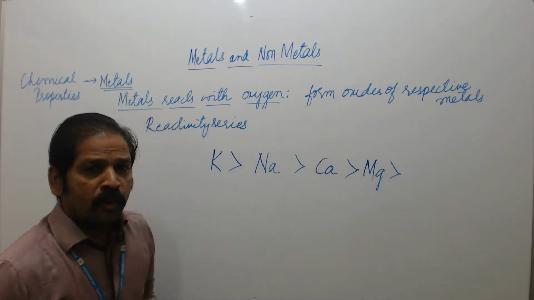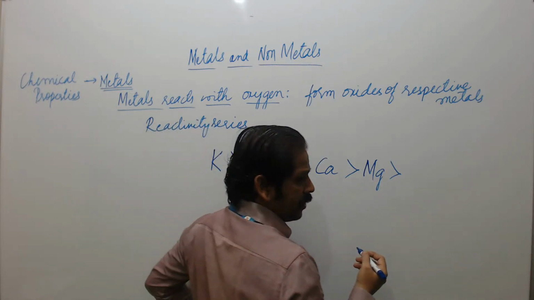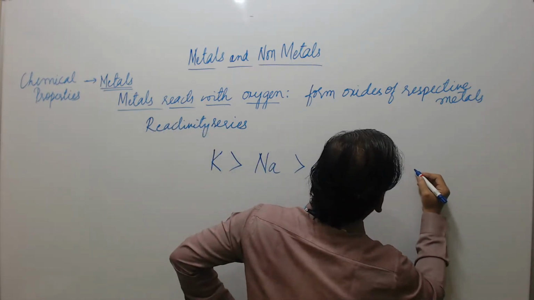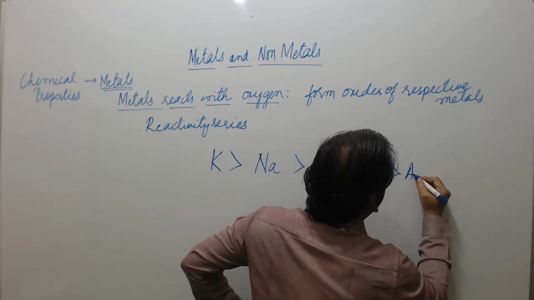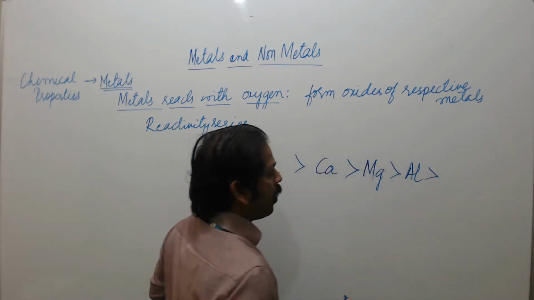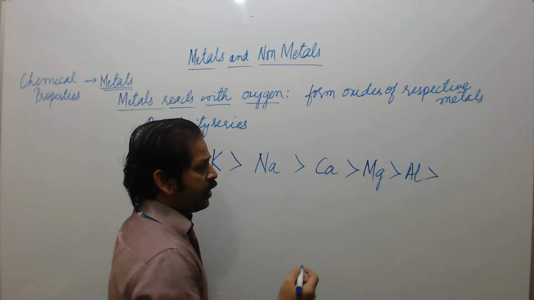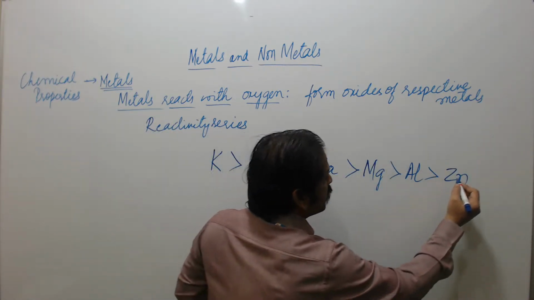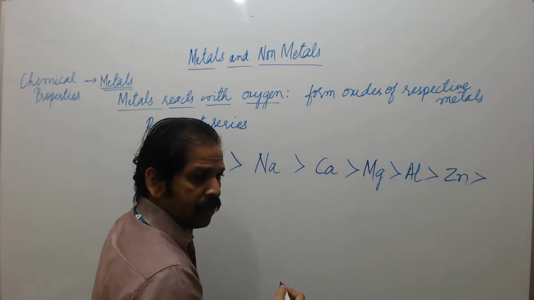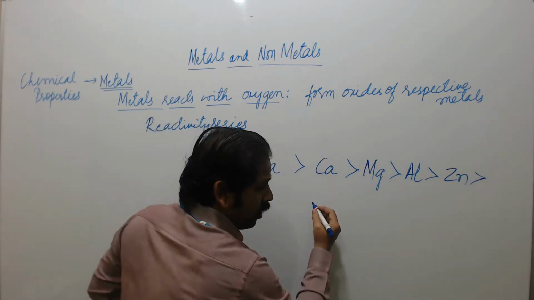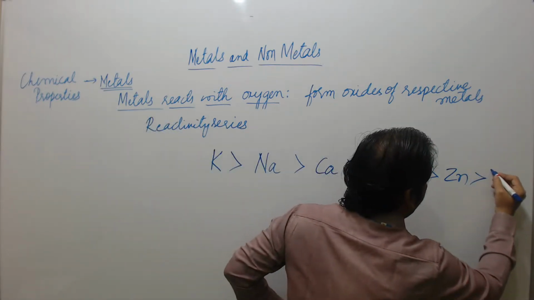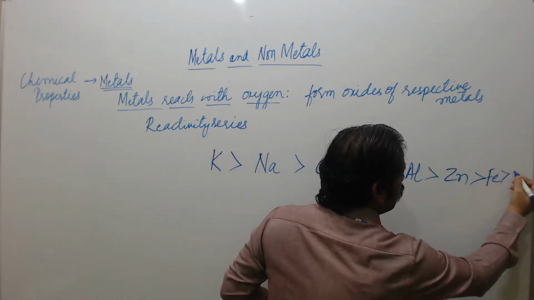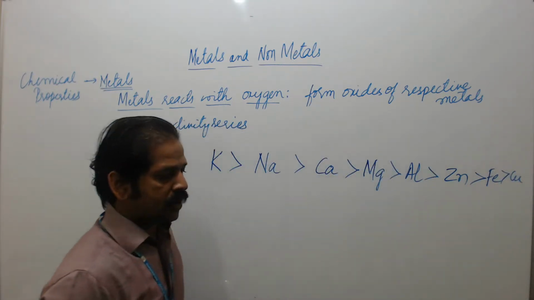Magnesium is more reactive than aluminium. Aluminium is more reactive than zinc. Zinc is more reactive than iron. Iron is more reactive than copper.